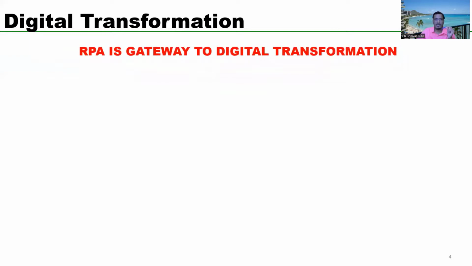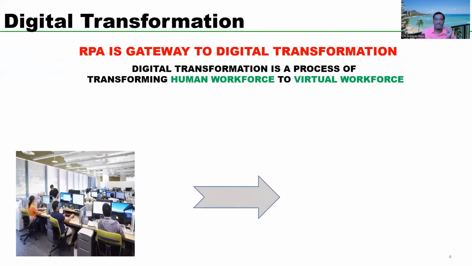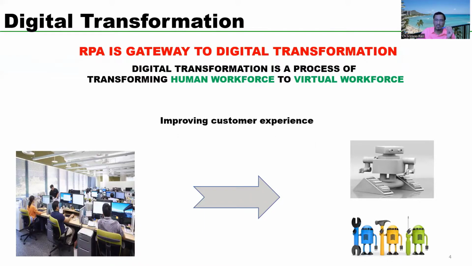RPA, robotic process automation, is a gateway to digital transformation. What is digital transformation? Digital transformation is a process of transforming the human workforce to a virtual workforce. What is the human workforce? What is the digital workforce? Why does the client have to go for transformation from the human workforce to a virtual workforce?